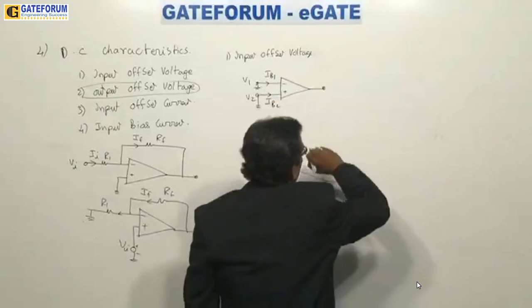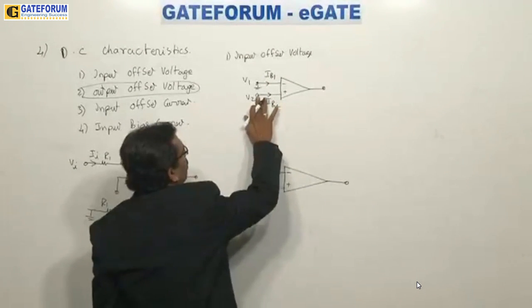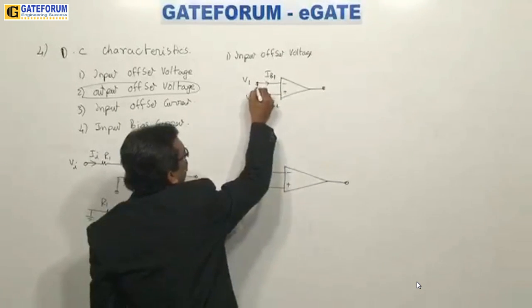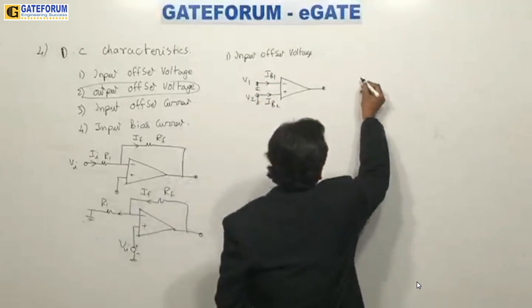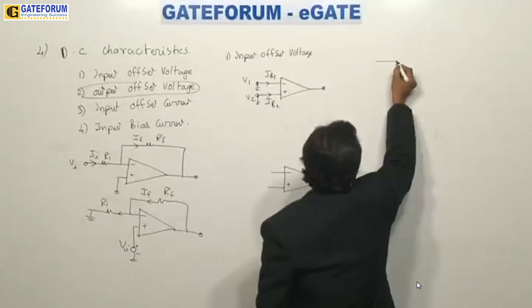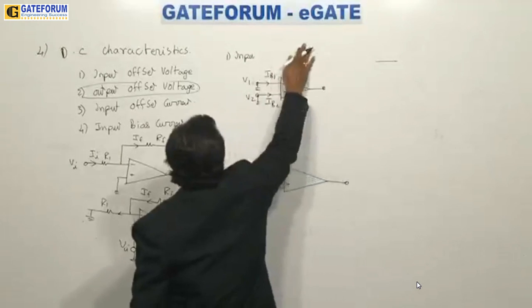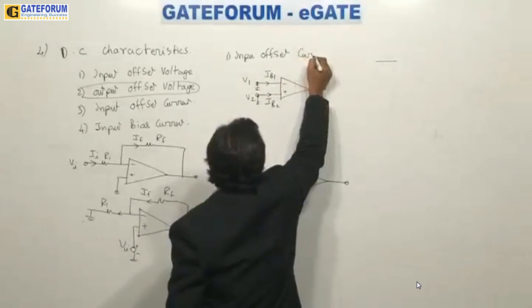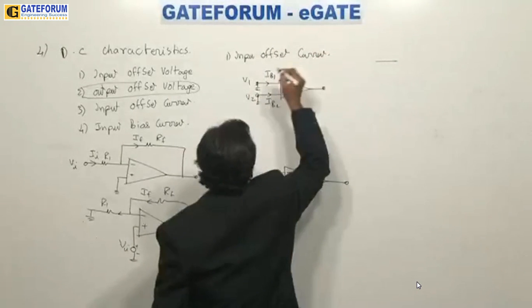Where you give inputs, I need to have V1 equal to V2, or you can take it as ground. Next one is input offset current.